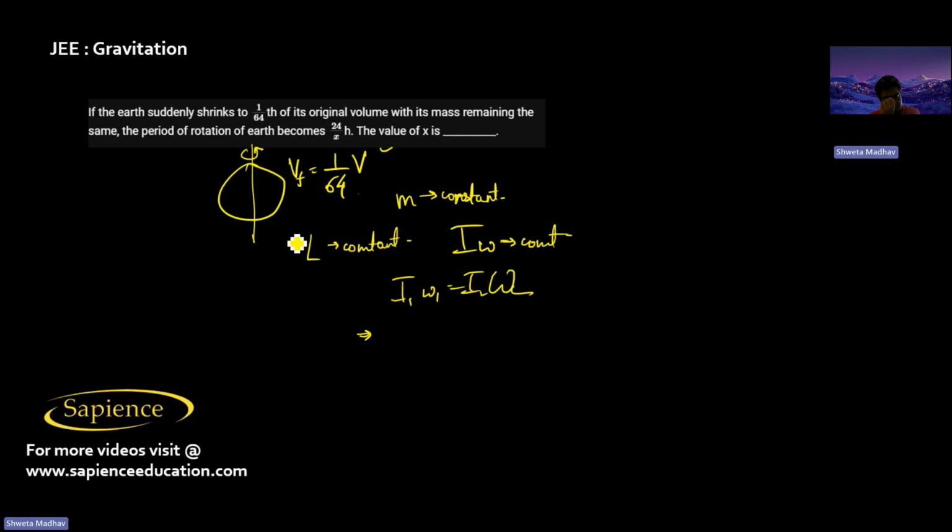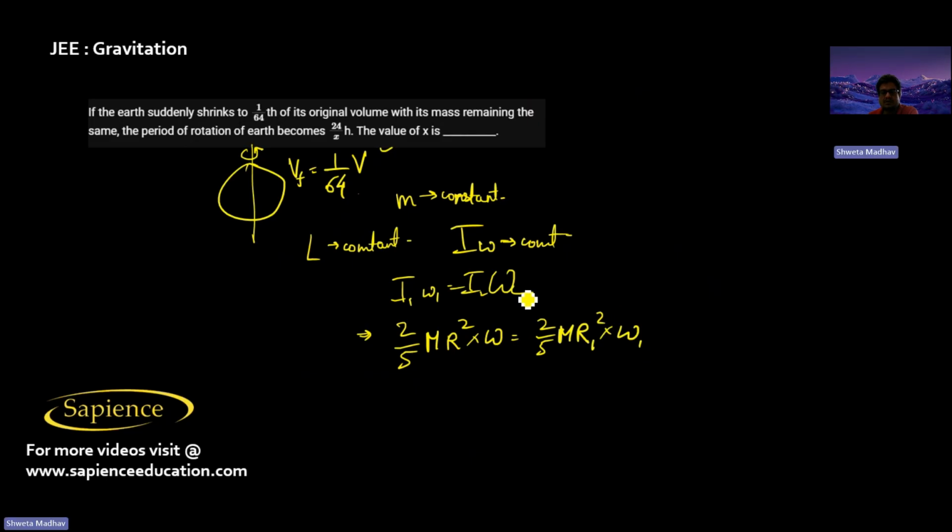I1 will be equal to the moment of inertia of the sphere, which is 2 by 5 mR square into omega initial, that is equal to I2, which is 2 by 5 m into R1 square into omega 1.